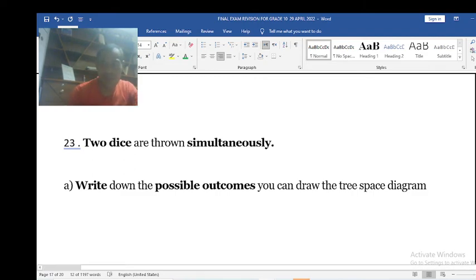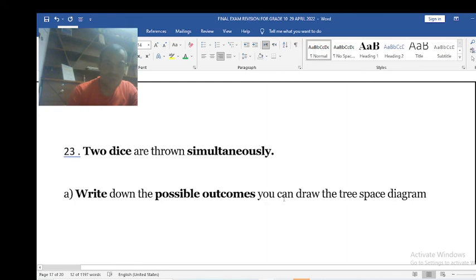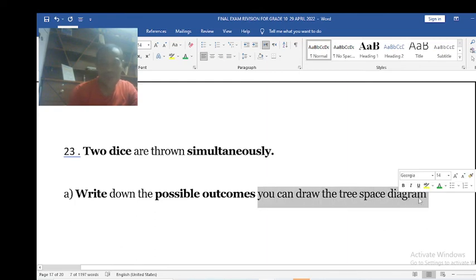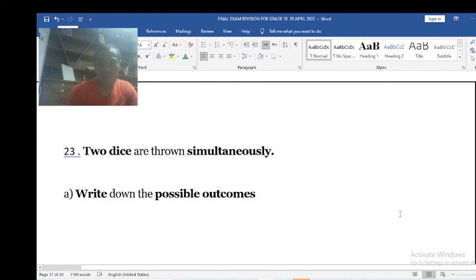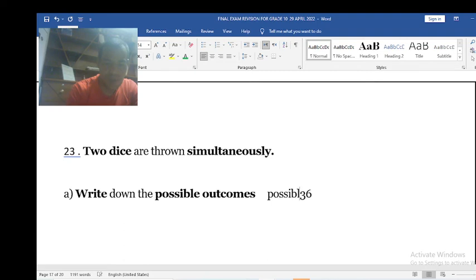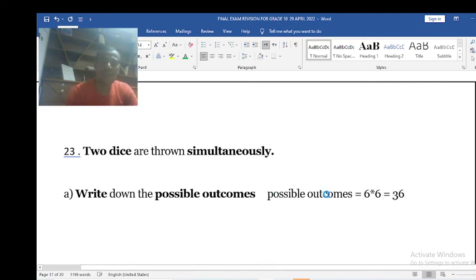You can use a space diagram, but there is no need because it's very easy. The answer is 36 possible outcomes, which is 6 multiplied by 6, equal to 36. Clear?